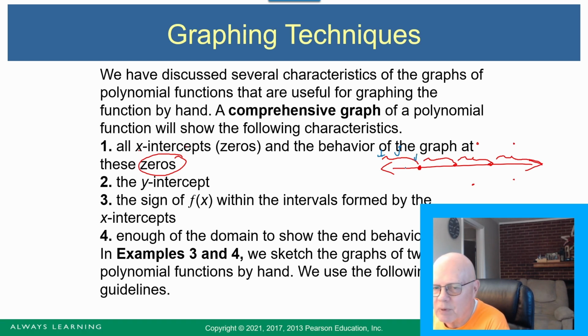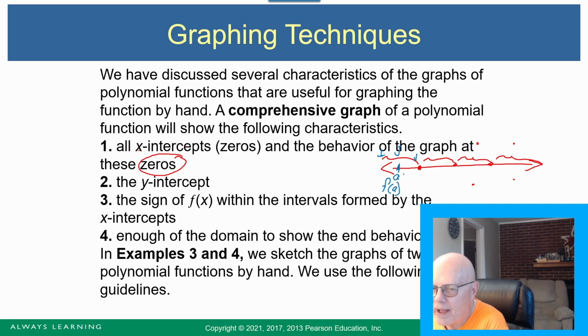It's very simple. Pick any number you want in here. Let's call it A. Put that A in your function and see whether you end up with a positive or negative number. If it's positive, then the graph is up here in that interval. If the function value is negative, then it's down here somewhere, and that helps you graph it.